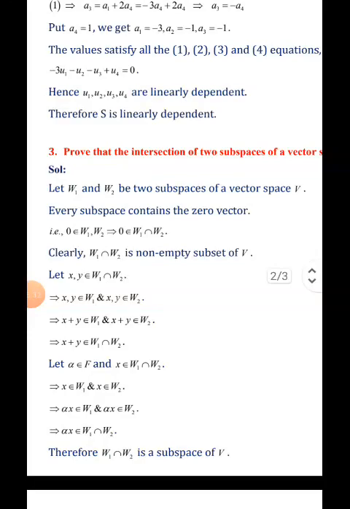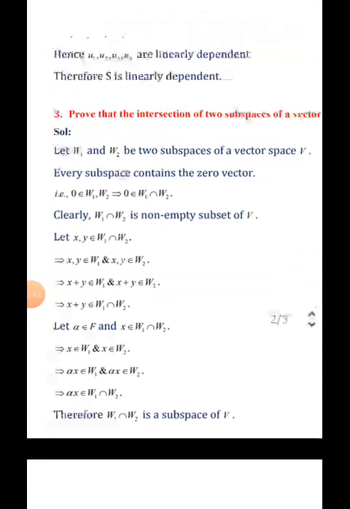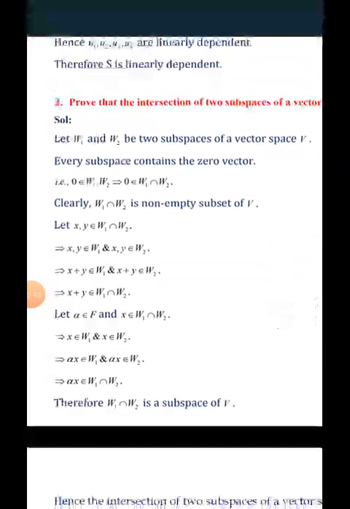Then let us take any two elements x, y from this set, that is W1 intersection W2. If x, y belong to W1 intersection W2, then x, y also belong to W1 and also to W2.